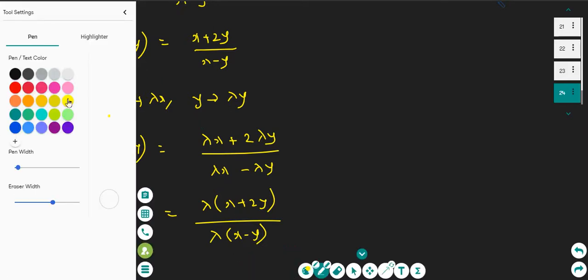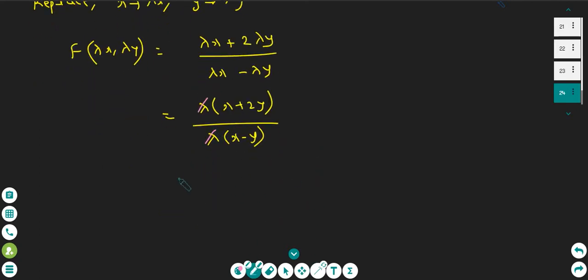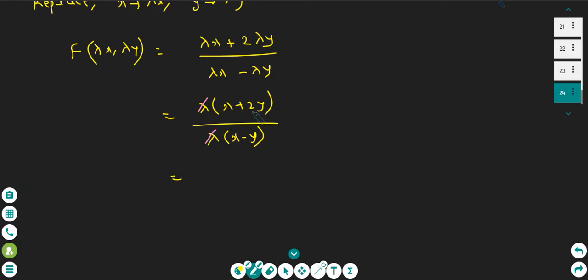Now we can cancel both lambdas. After the cancellation, I get x plus 2y divided by x minus y.